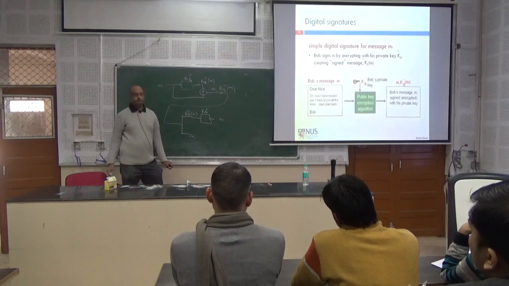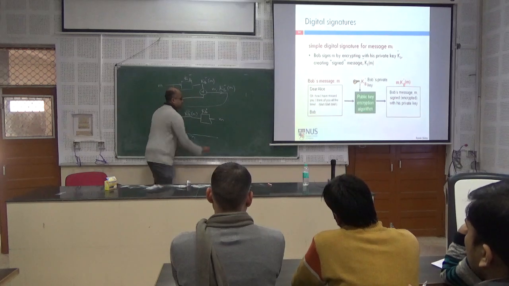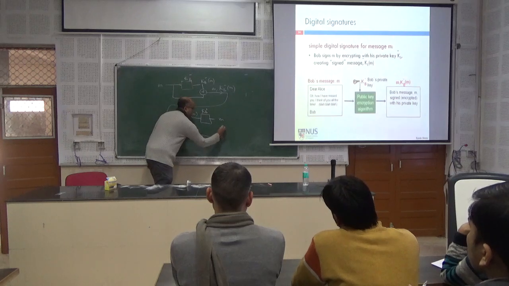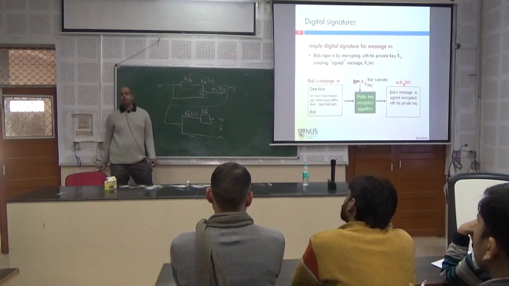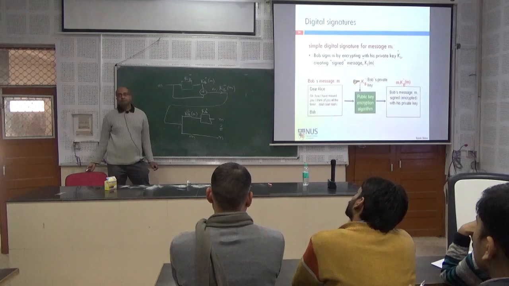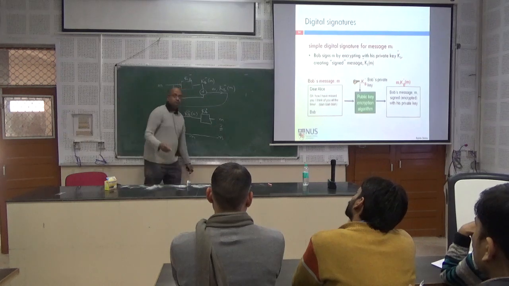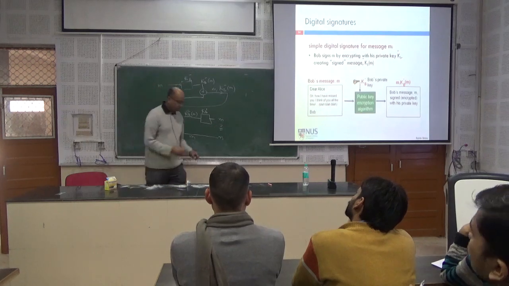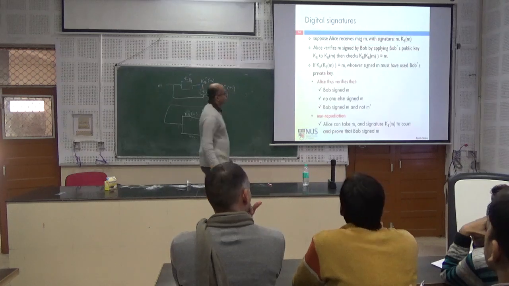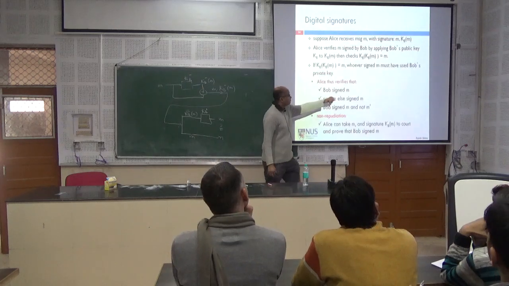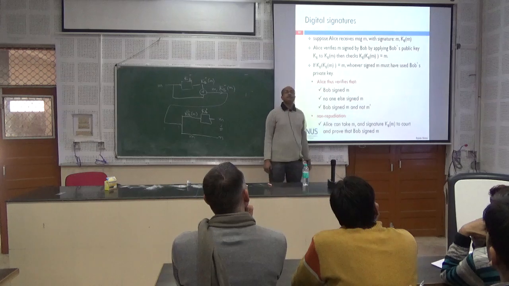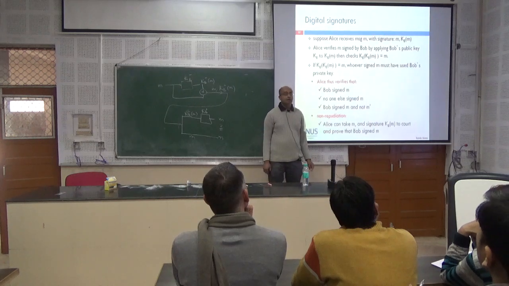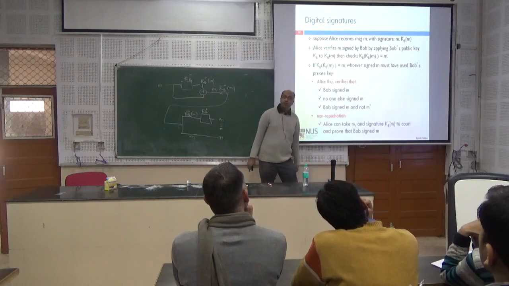M out. And then I have the plain text version. And I will compare. Are these two the same? If these two are the same, then I have done something. What have I done? I have verified that Bob has signed it. And no one else but Bob.